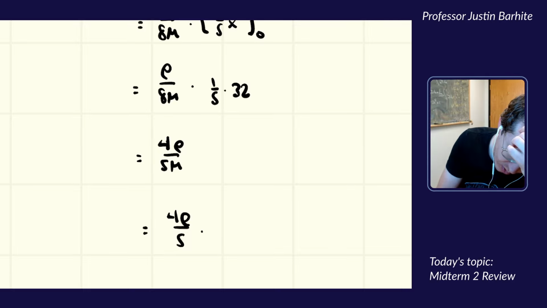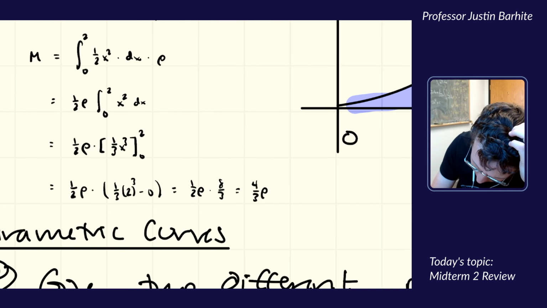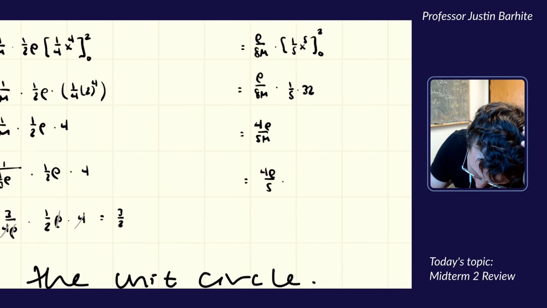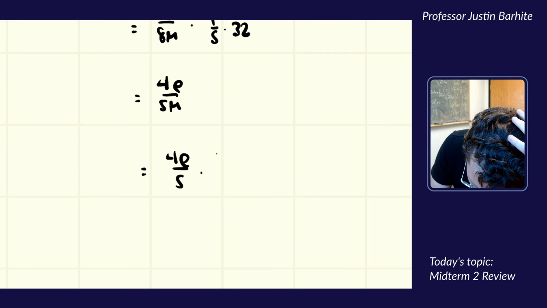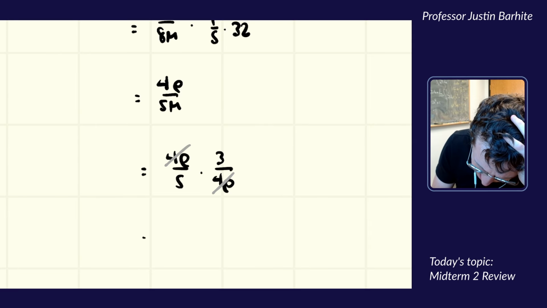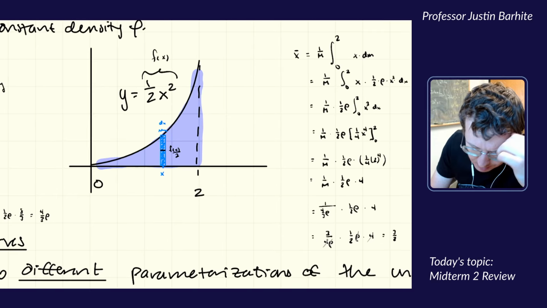So I've got 4 rho over 5, and then I have this reciprocal of m. The reciprocal of m would be 3 over 4 rho. This is very nice. The 4 rhos cancel out, and I'm left with 3/5. Let's see, does that make sense?